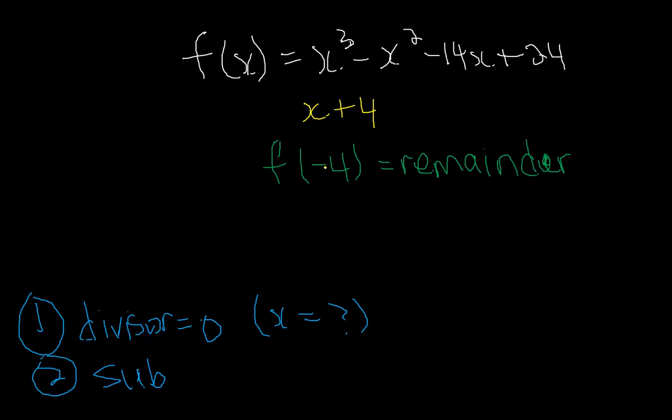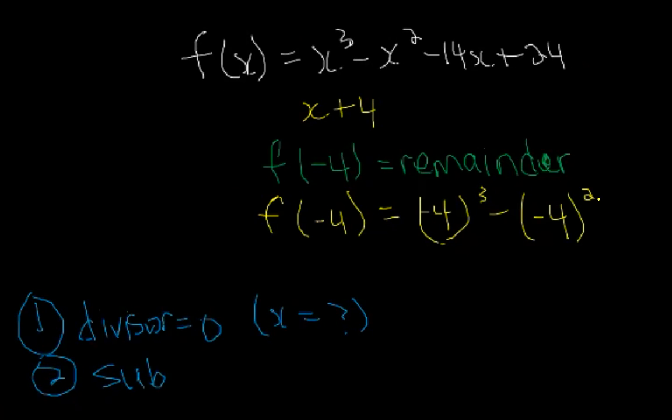So if I substitute minus 4 into this, f of minus 4 is going to be equal to, wherever I see x, I replace it with minus 4. So minus 4 cubed, minus 4 squared, minus 14 times minus 4, and then plus 24.